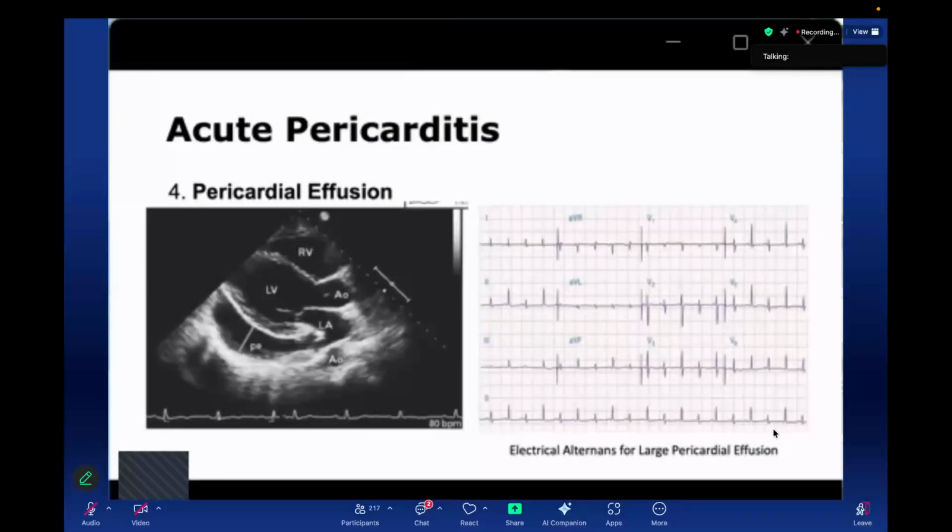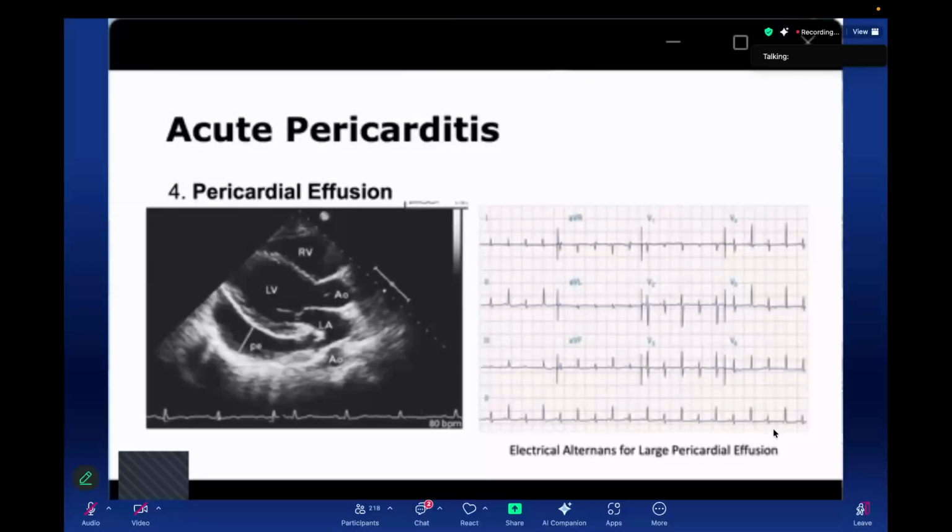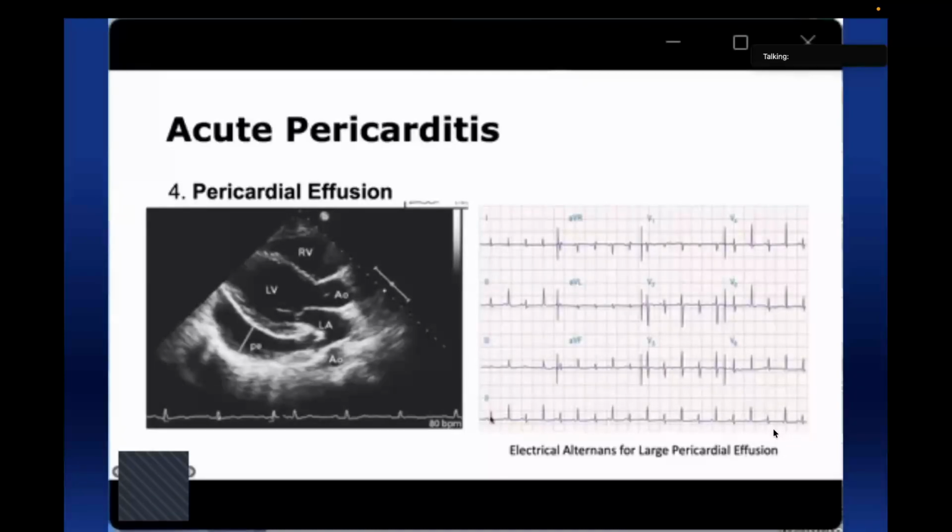Also, there is electrical alternans for large pericardial effusion. As you can see here in your EKG in lead 2, you have alternating low voltage complexes seen in your lead 2.